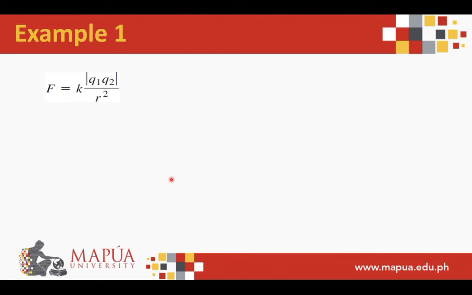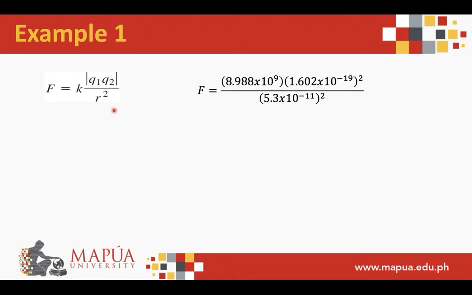Okay, so from Coulomb's law, we know that F is equal to k times the product of q1 and q2 divided by the square of the distance r. This is the value of k, and the charge is 1.602 times 10 to the negative 19.